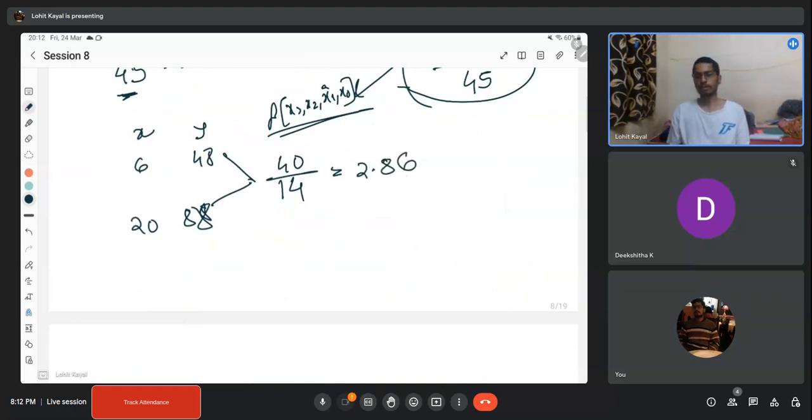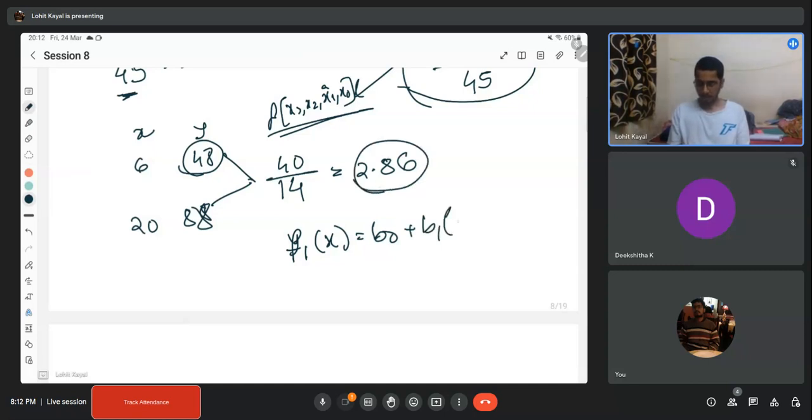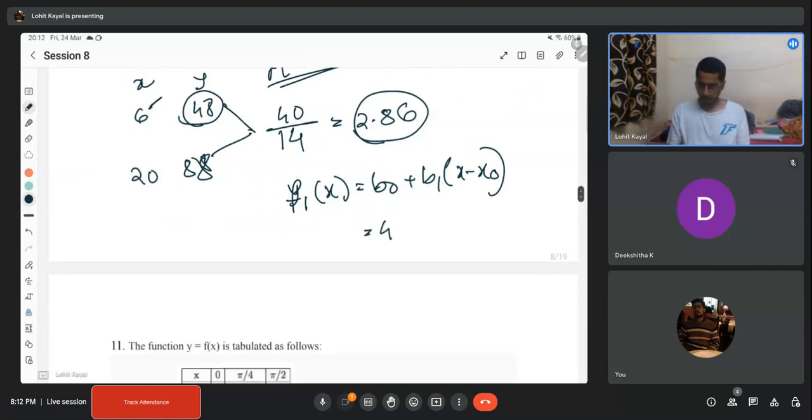So what will be your final solution? The final solution will be f1 of x is equal to b naught plus b1 times x minus x naught. B naught is this value 48, and b1 is 2.86. What is x naught? X naught is your 6. So 48 plus 2.86 into x minus 6. Now you need to find a value at x equal to 15.